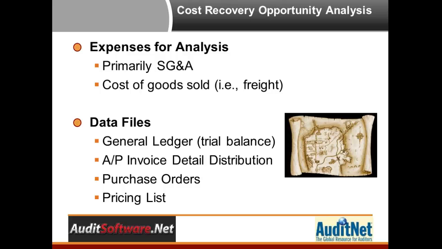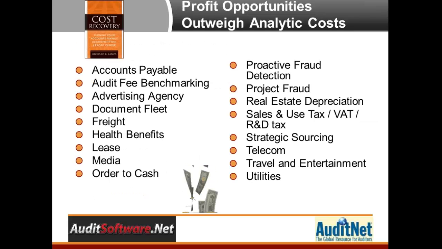I may try to open up a file to show you an example of that, but if we don't have time, it would be something like my expenses: a portion goes to consulting expense in the general ledger, a portion goes to travel and entertainment, and hence that's the distribution. Purchase order is a good one, and pricing list as well is a good one to look at.